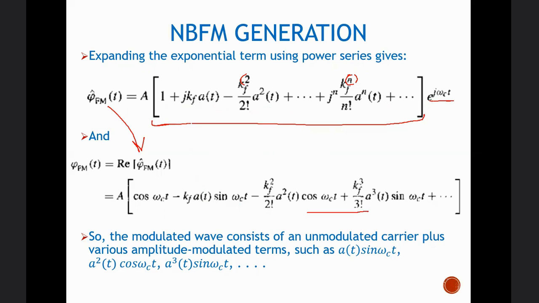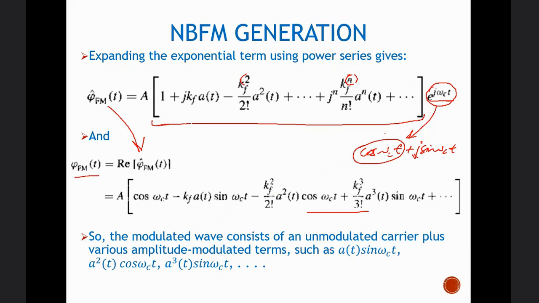The real part is coming from e raised to the power jω_c t. We know that it has two terms. If we open it through Euler's identity, we have cos ω_c t plus j sin ω_c t. So the real part of this is mentioned here, and that is equal to the FM signal. So this is the complete FM signal.